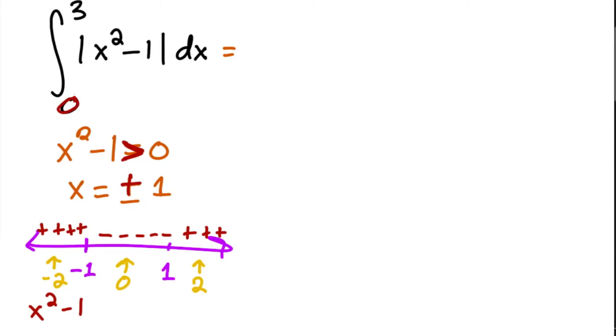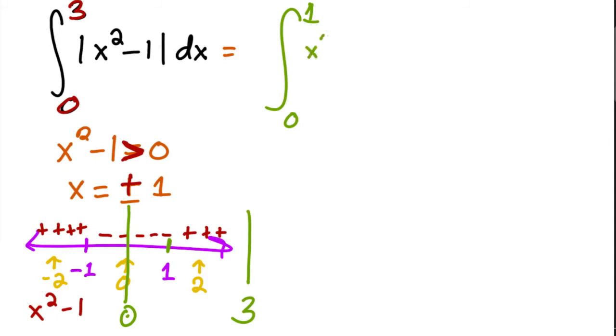So if you're going to break up the interval from 0 to 3, then let me show you right here. So it goes from 0 to 3. And so it's basically going to be from 0 to 1. That one's going to be, so you have x squared minus 1 dx.